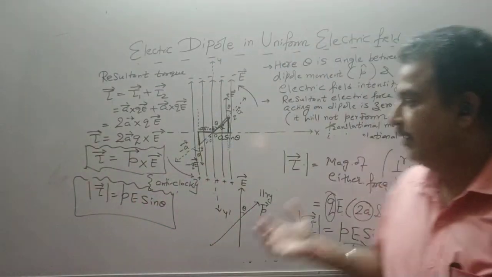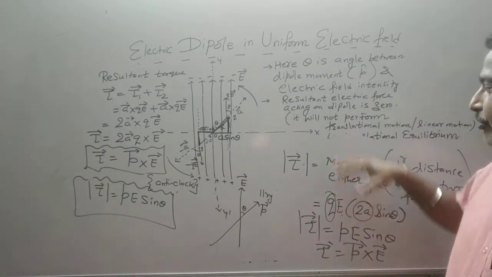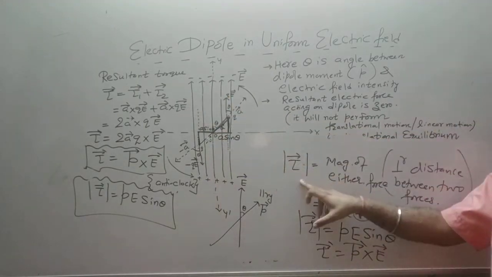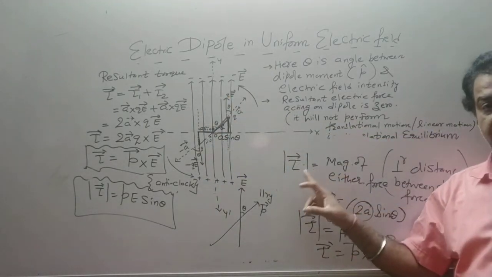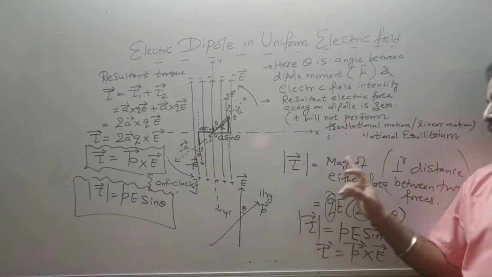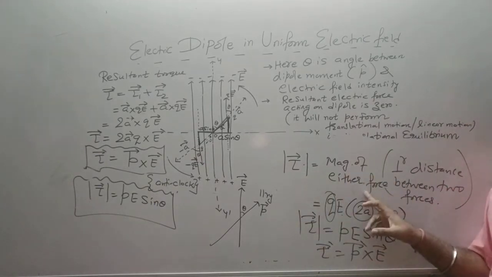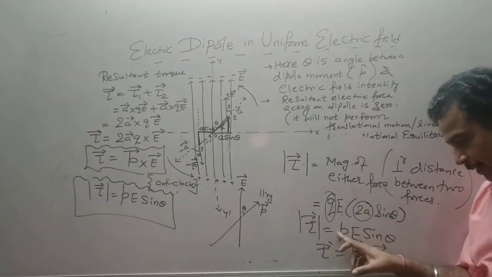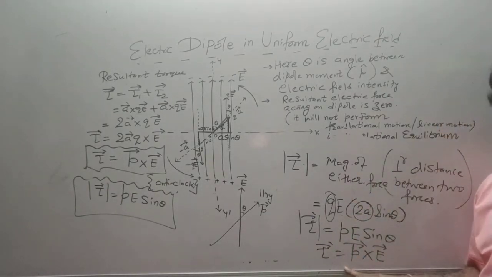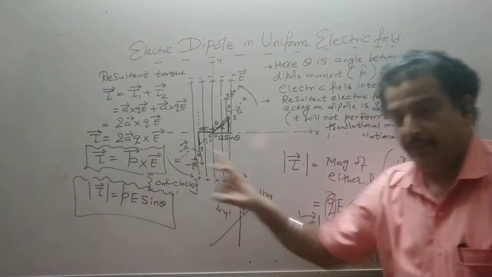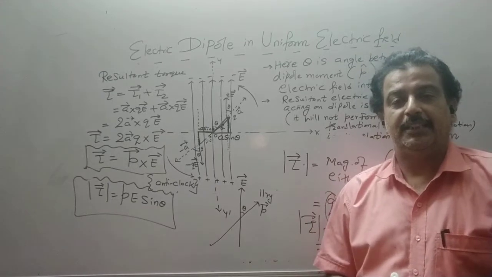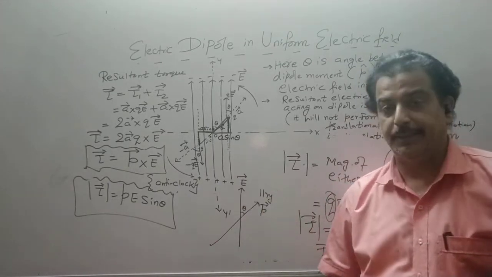In this case, after saying that this will behave like a couple, I directly find the magnitude, and then the vector form. Both are the same derivation. So whichever way you find easier, you can write it in theory.